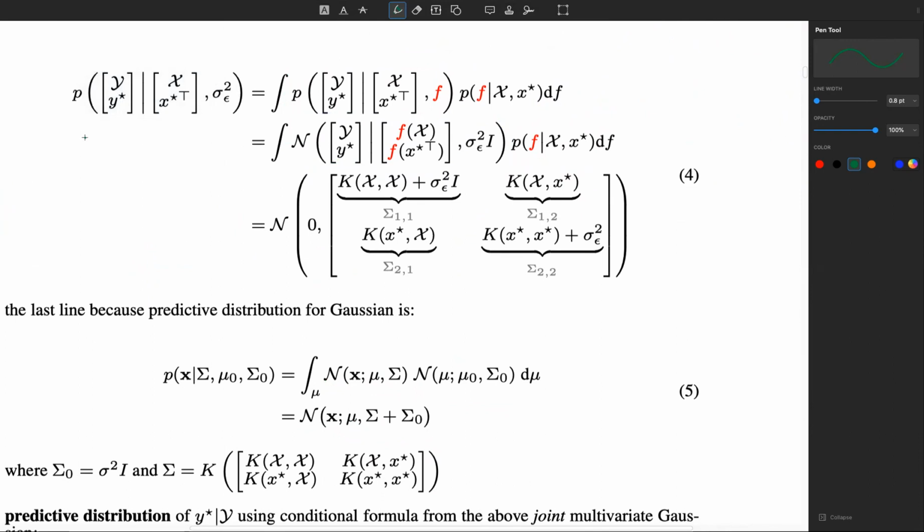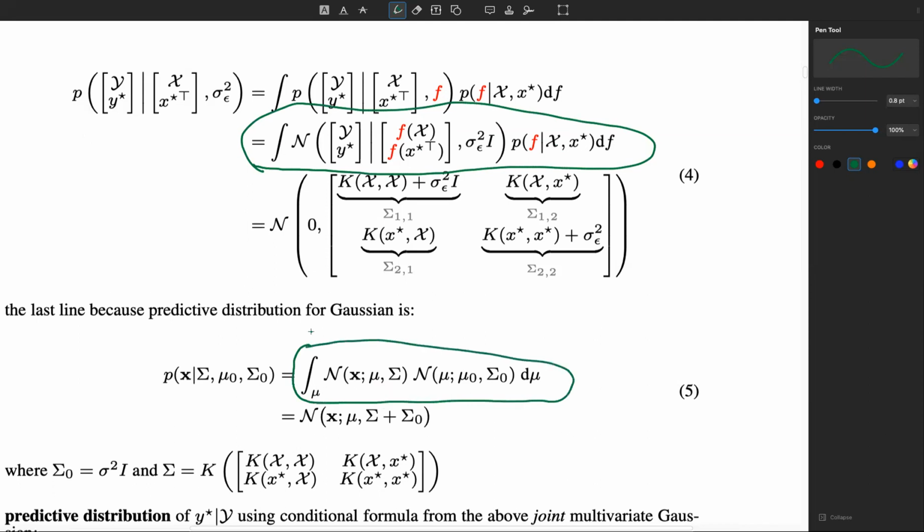So firstly, let's convince ourselves that if I look at this equation here, they are exactly the same form. Okay, they are the same form.